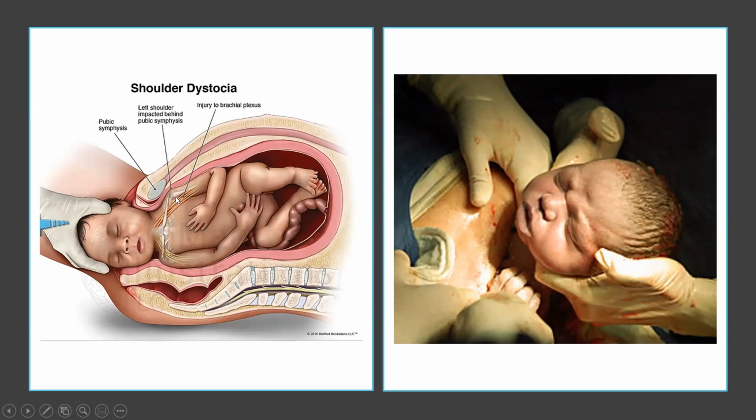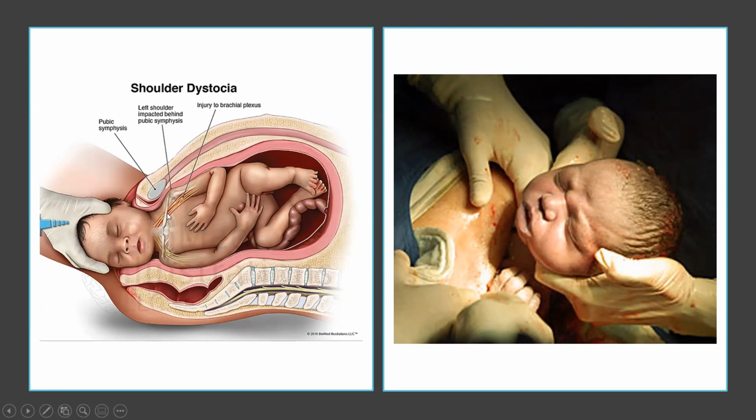So this is what's actually happening. This shoulder is wedged up underneath this bone, and it needs to turn so that it can decrease its diameter and slip right out. I'm going to go ahead and point out here, this is the clavicle. And sometimes if these shoulders are so broad and they cannot get this baby to turn, what will give away is actually the clavicle.